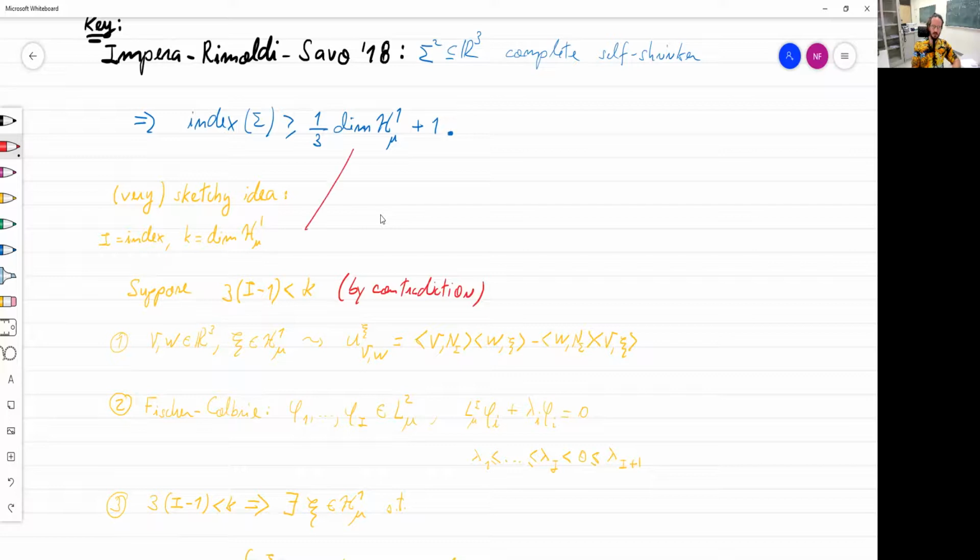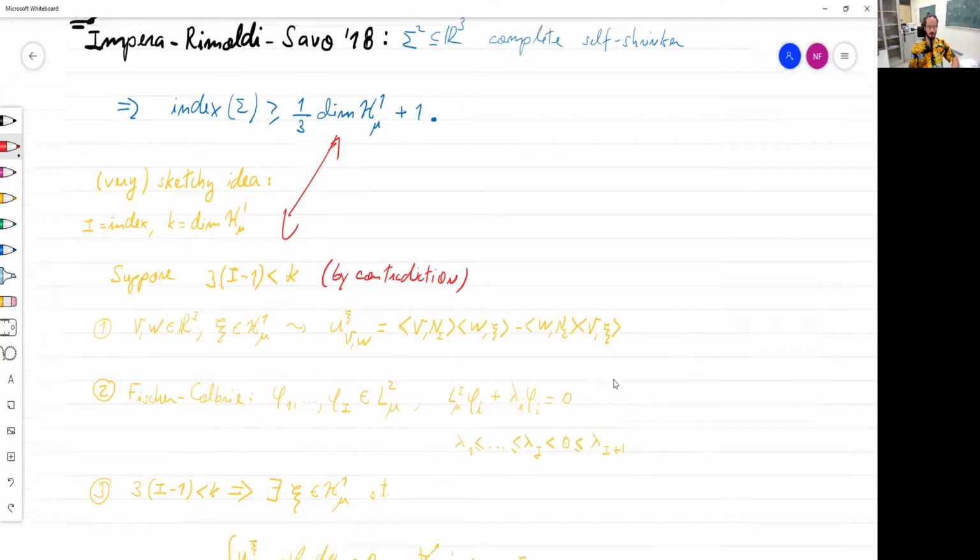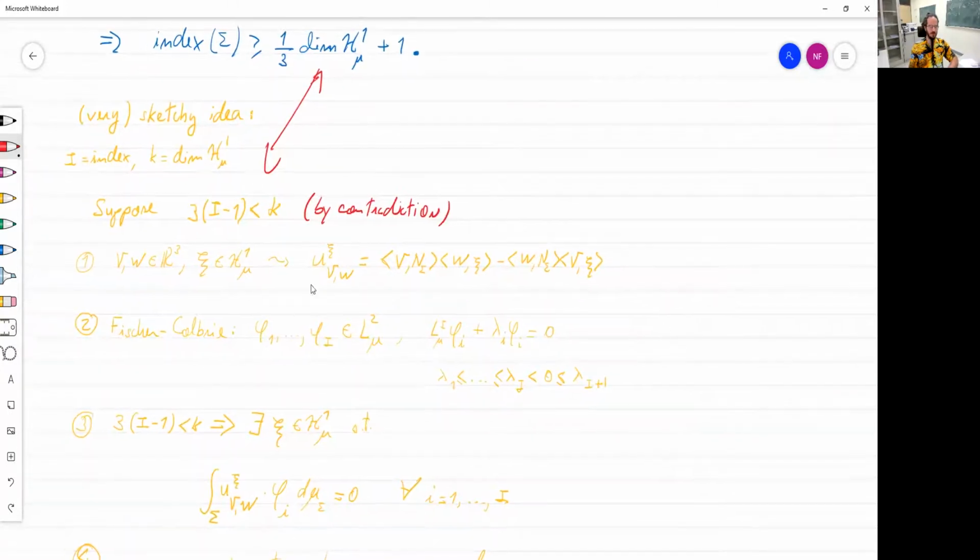So you see this. This is the contradiction of the original inequality. Then you define these test functions. For each Gaussian, you fix a pair of vector fields in R3 and a Gaussian harmonic form.